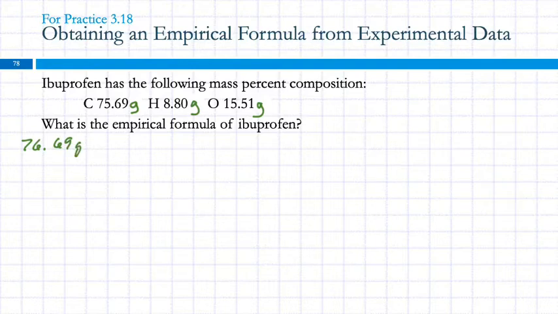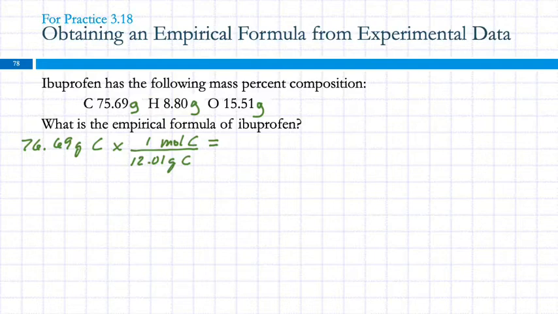So 76.69 grams of carbon. Well, I want to convert to moles of carbon. 1 mole, 12.01 grams. This time I'm going to keep the correct number of sig figs instead of keeping extras, and it should work out just fine. What do you do with the 100 grams? Well, I'm pretending I have 100 grams of the whole compound.